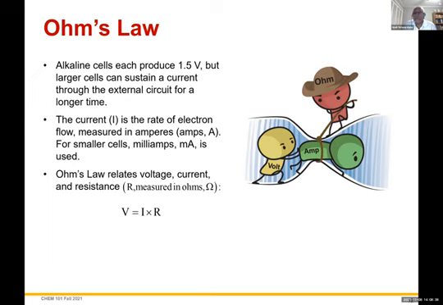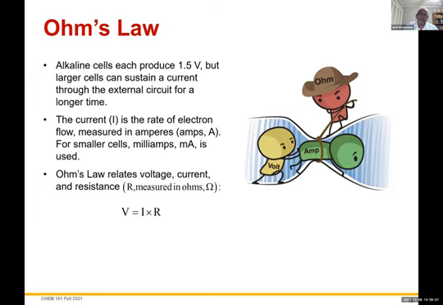Volts is the yellow guy. Current is the green guy. The green guy passes through the wire. That's the current. So voltage is the one that pushes it through from one end to the other. The red guy, the resistance, controls it.